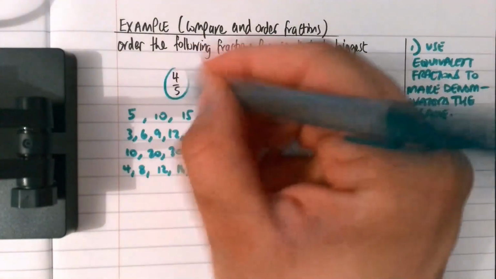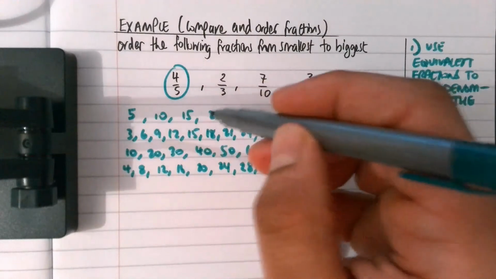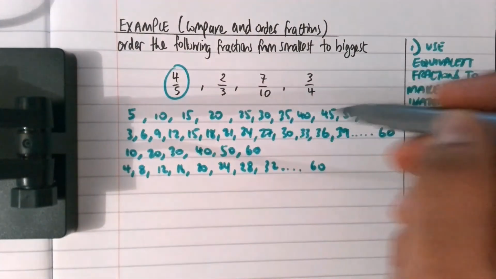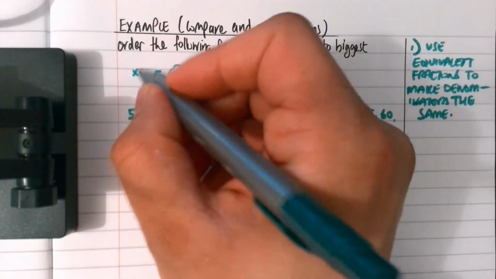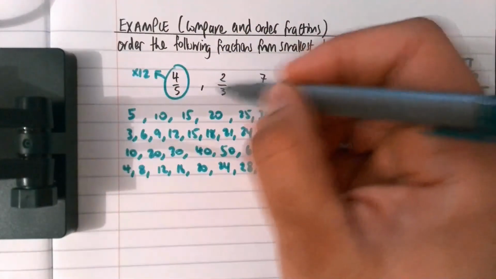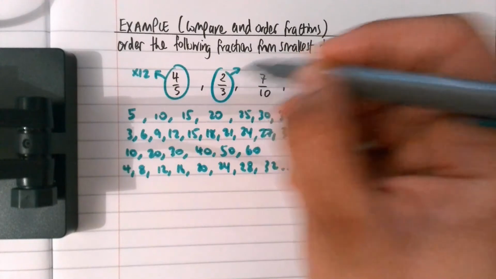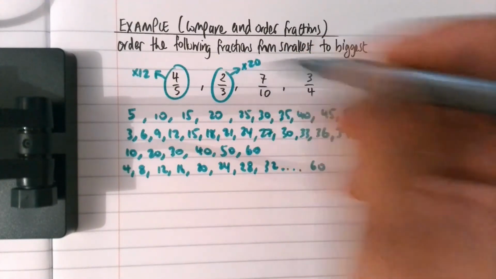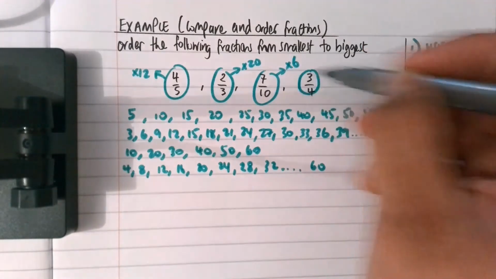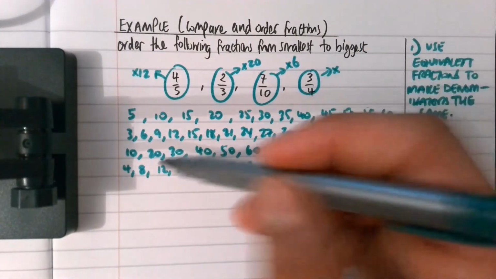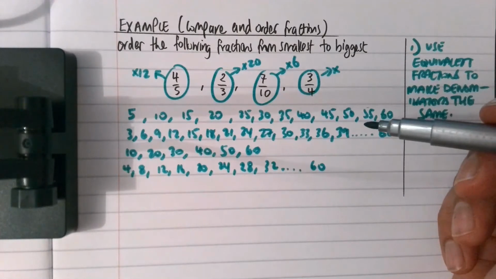So I'm going to multiply the first fraction, 4/5, by 12, because 5 goes into 60 12 times. For the second fraction, 2/3, I'm going to scale that up by multiplying by 20, because 3 goes into 60 20 times. I'm going to scale up 7/10 by 6, because 10 goes into 60 6 times.